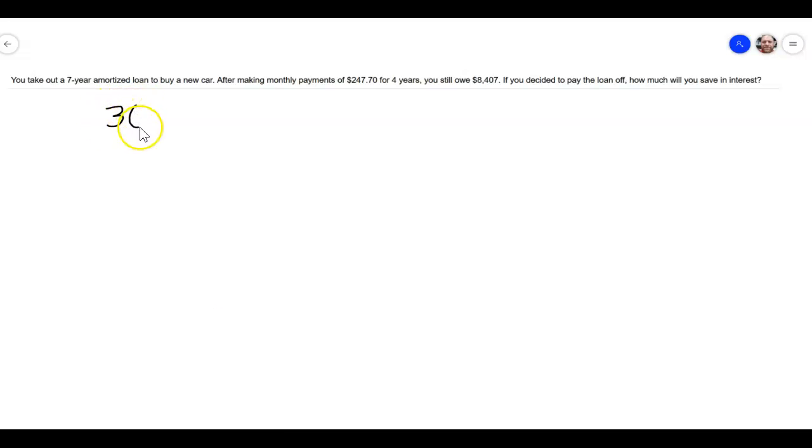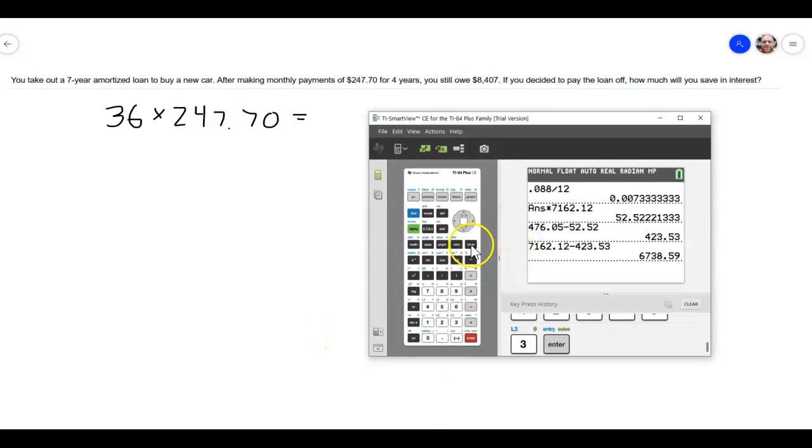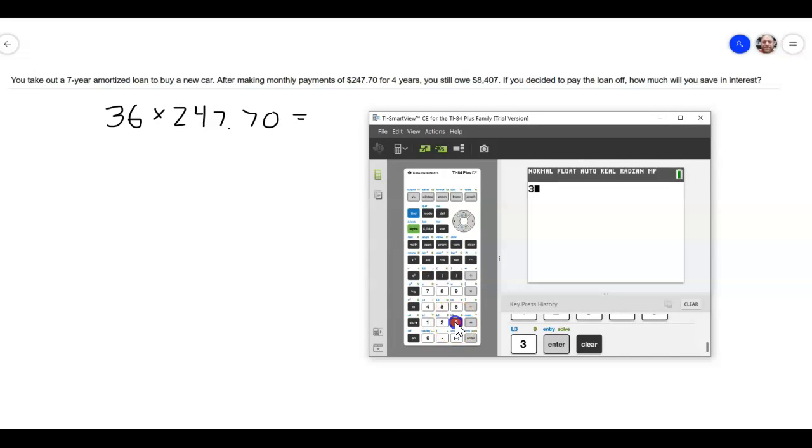So 36 payments at $247.70 per payment. We can easily find out how much money that would be by sticking it into our calculator. If we were to pay this off over the next 3 years, it would be 36 more payments times 247.70.